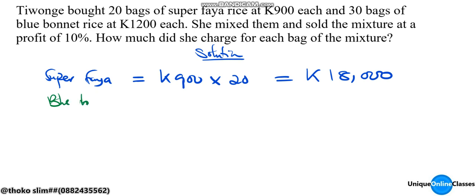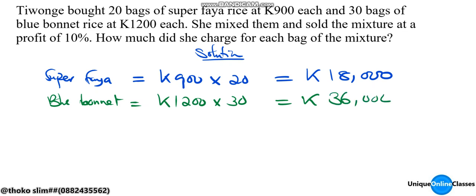And for blue bonnet, that's 1200 kwacha times 30 bags. So total cost, 30 times 1200 kwacha, the answer is 36,000 kwacha.